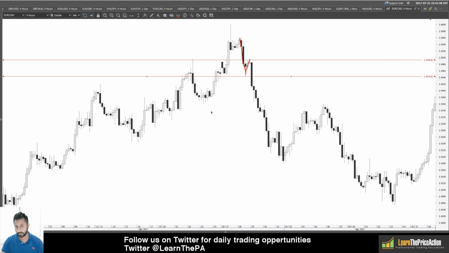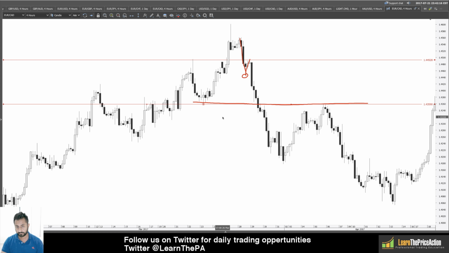Okay, and by the way, it can either respect this one or it can respect a next relevant level. Okay, so instead of coming up here and respecting, it's actually respecting this level right here. Okay, so what we're going to do is we're going to move our price line over here.